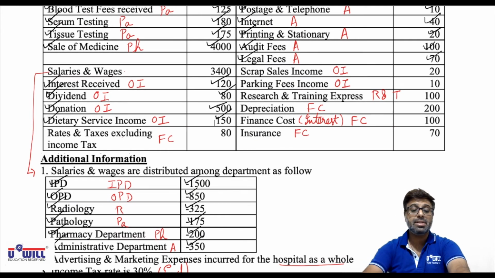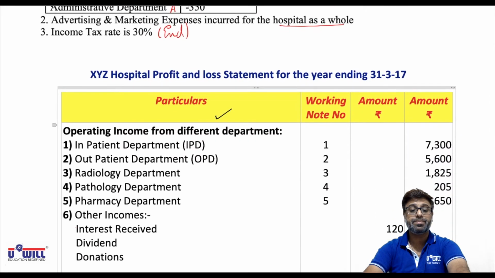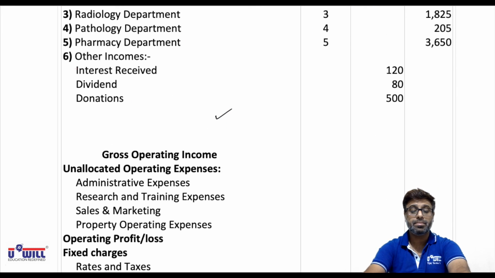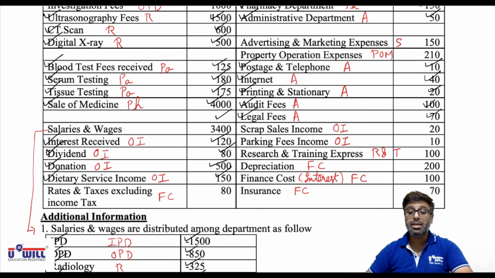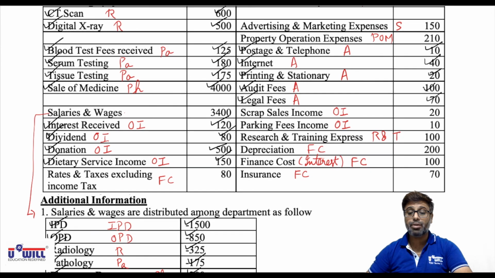So dietary service income 150. Then after dietary service income, we have scrap sales income of 20. So scrap sales income we will record 20.